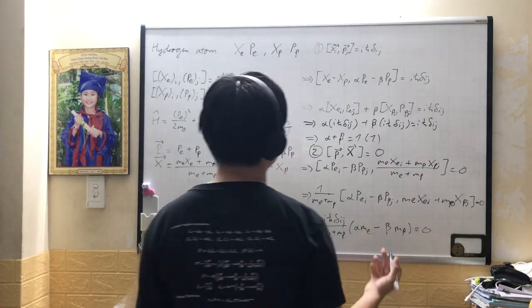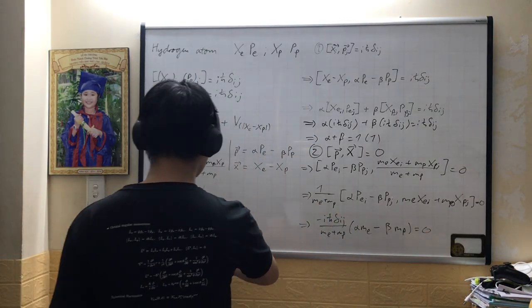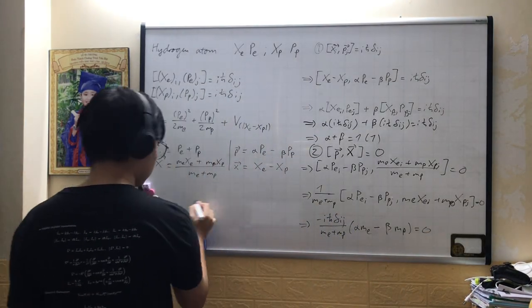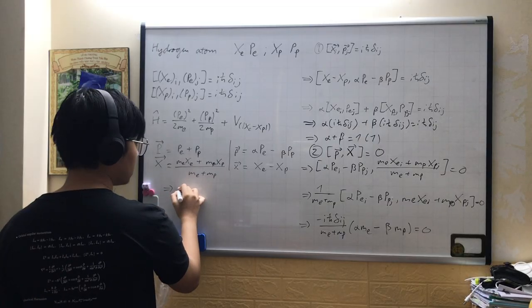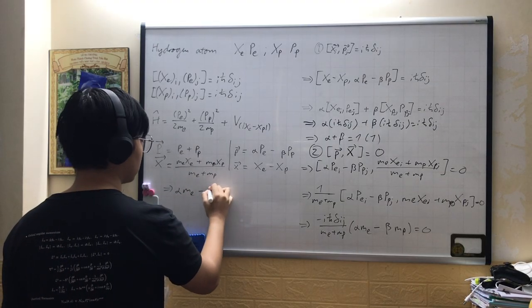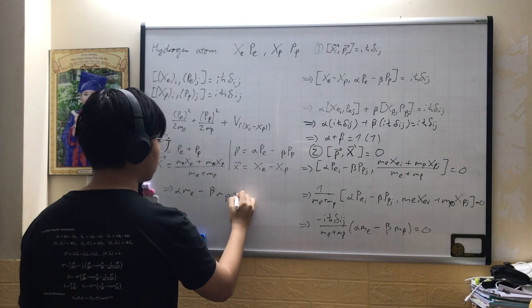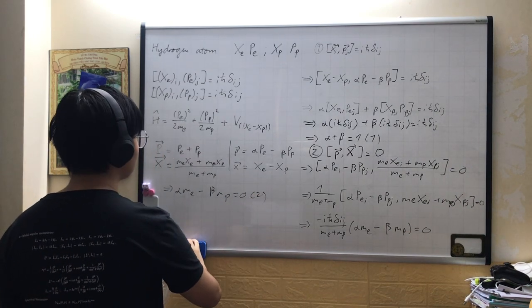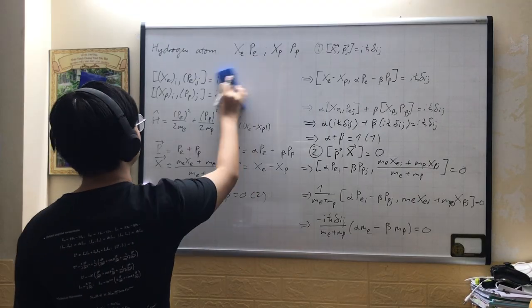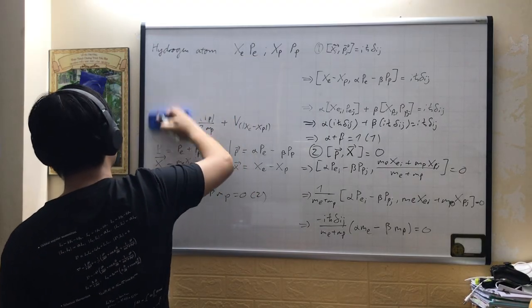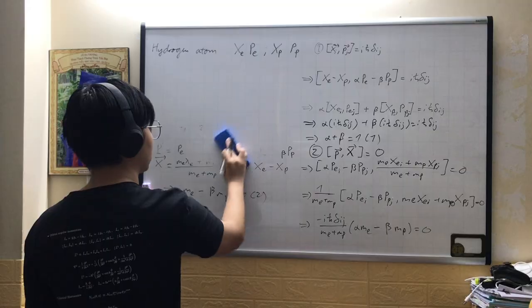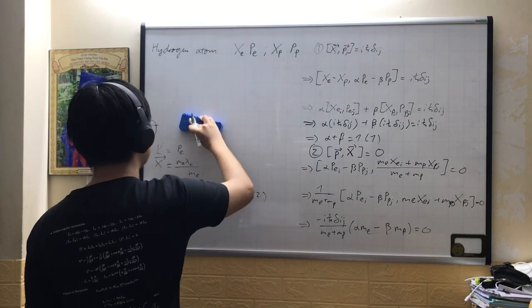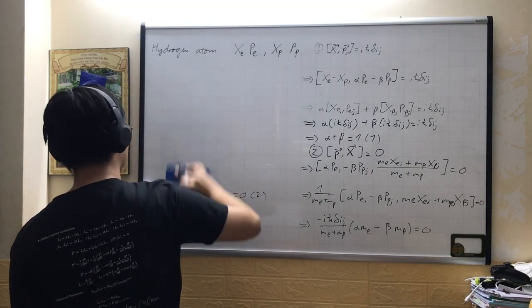So that would be the second equation we want: alpha m_e minus beta m_p must equal 0.